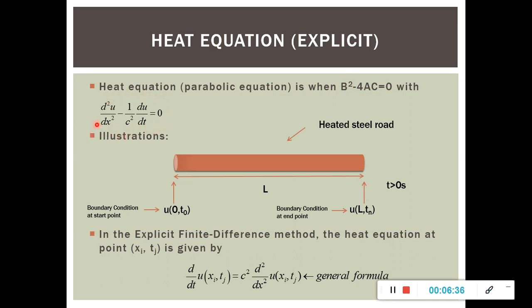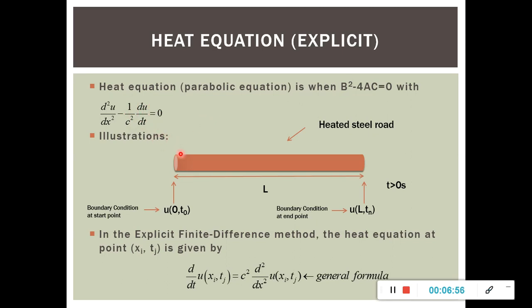You have to remember: d squared u over dx squared minus 1 over c squared, this is the alpha, times du dt must be equal to 0. When it's equal to 0, it means this is the parabolic equation.